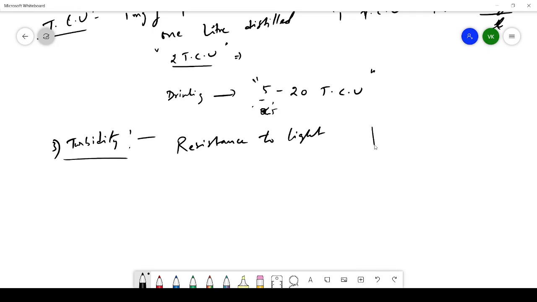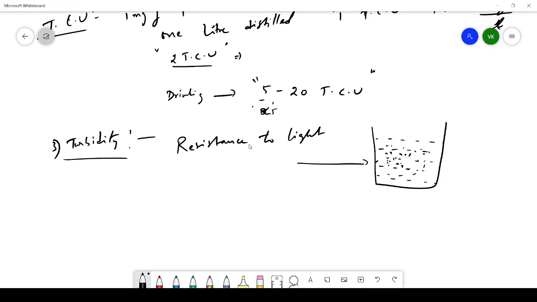Assume that this is a water sample placed in a glass jar, and when you have impurities in the water, definitely if you pass a light through this, some part of the light will be absorbed by these particles, these impurities. So this resistance to light produced by the impurities is called turbidity.